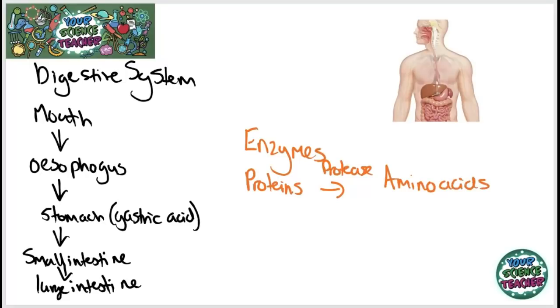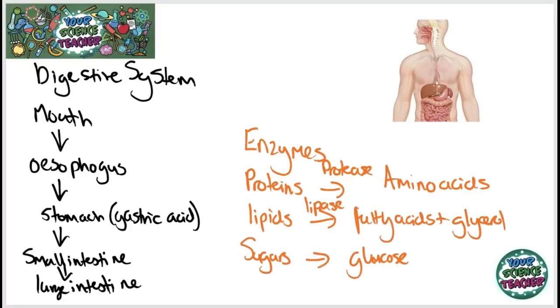We also have lipids and fats, which are broken down by the enzyme lipase into fatty acids and glycerol. And we also have starch, which is broken down by amylase into glucose.